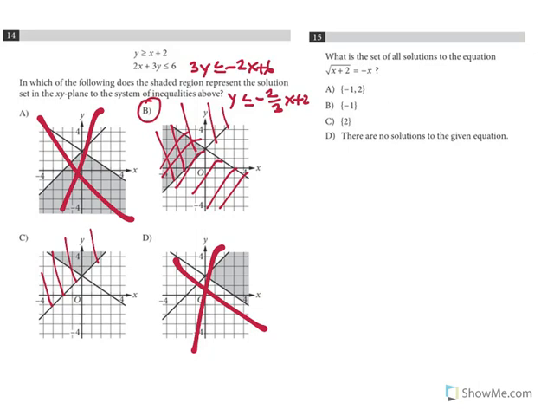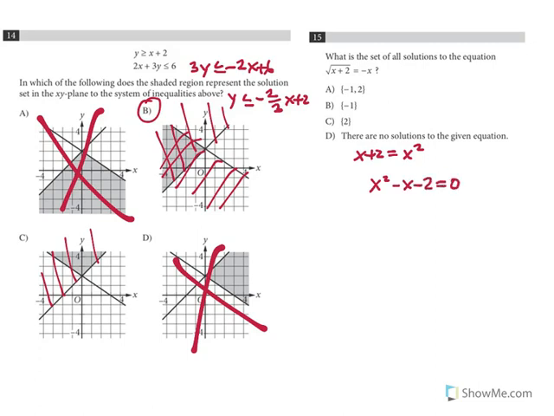What is the set of all solutions to the equation square root of x plus 2 equals negative x? So we have that radical there, which means we're going to need to square both sides to get rid of that radical. So we have x plus 2 equals x squared. And now we're looking at x squared minus x minus 2 equals 0.